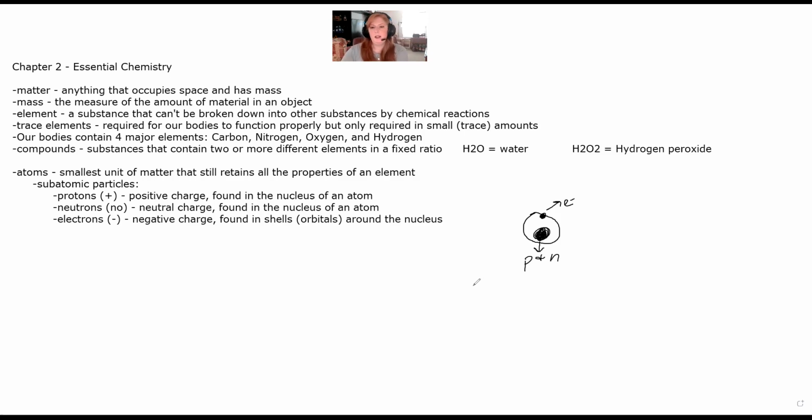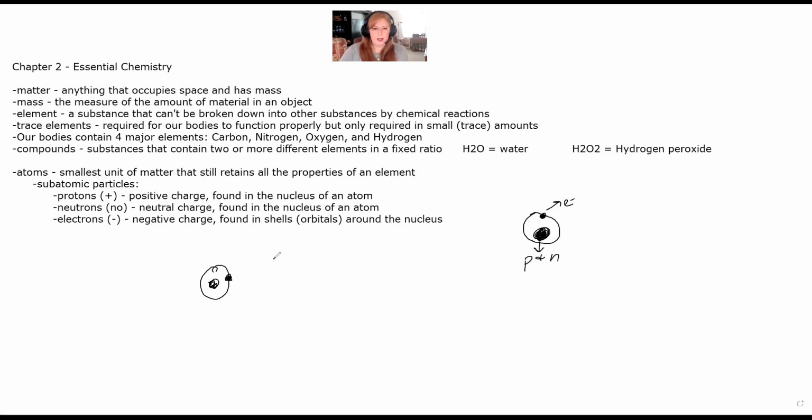Okay, so you have these electrons out here, and the protons and neutrons are kept away from other elements by these shells of electrons. Okay, the electrons are the ones that interact with each other. So for instance, with water, I have my hydrogen atom here with its electron, only has one.